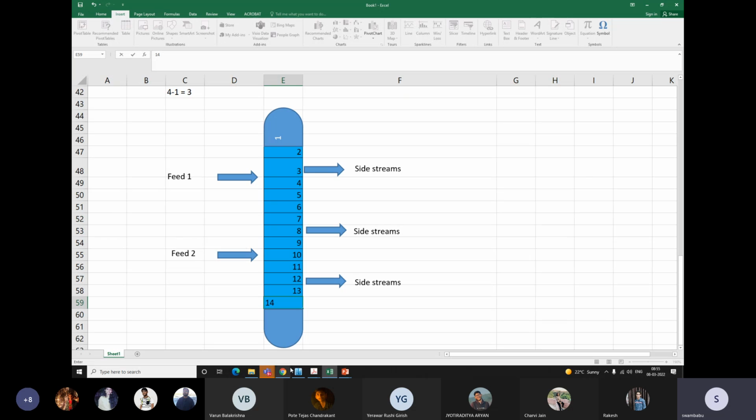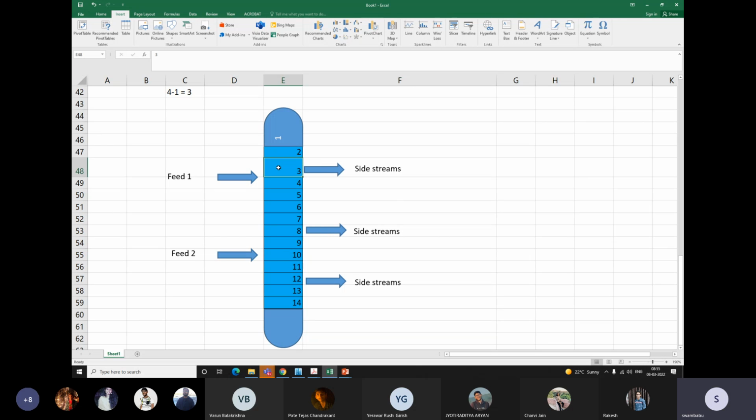The bottom is tray 15, so I'm not writing it here. So there are 15 trays. Our aim is to know the temperature at each tray and how it is affected if we take out some side streams and so on.